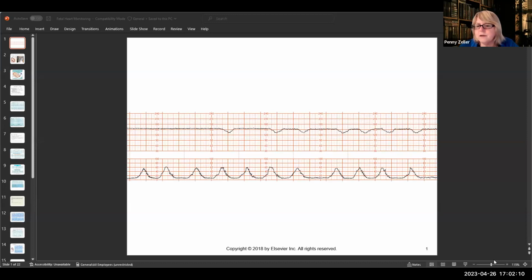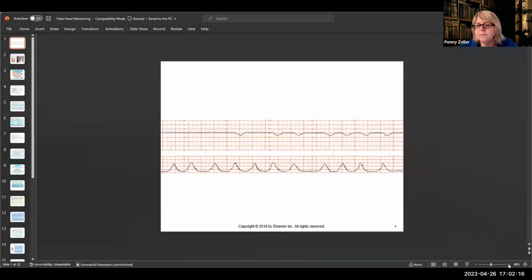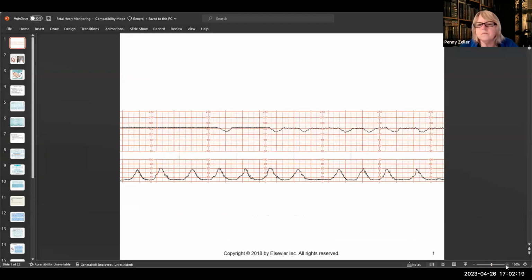If you look at this, let me make it a little bit bigger. By the way, you can see the numbers 30, 60, 90, 120, 150 going up and down. So what would you say the baseline heart rate is for this fetus?